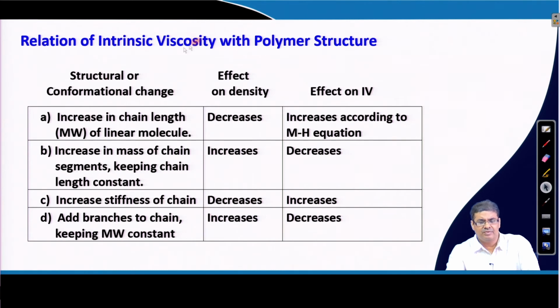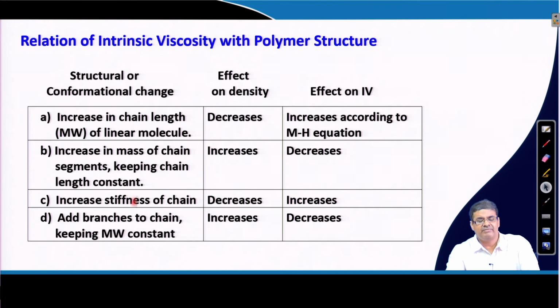So, just to repeat what we understood, with increasing chain length for a linear molecule, density decreases, intrinsic viscosity goes up. If we increase the mass of a chain, keeping the length the same, the density increases, intrinsic viscosity decreases.